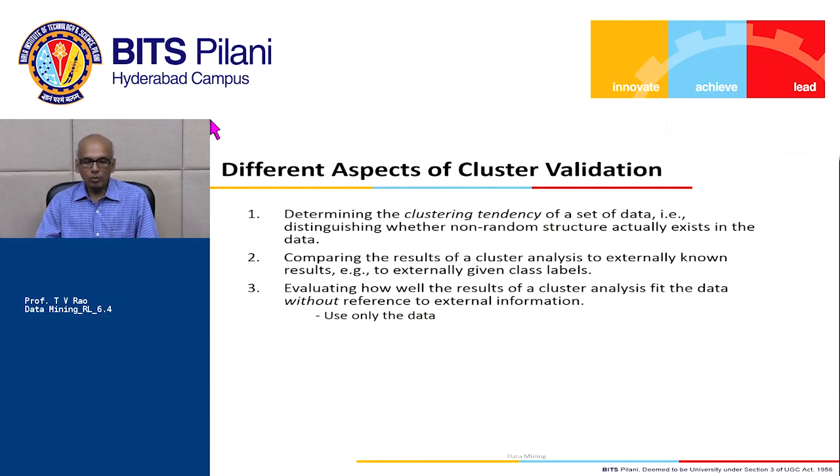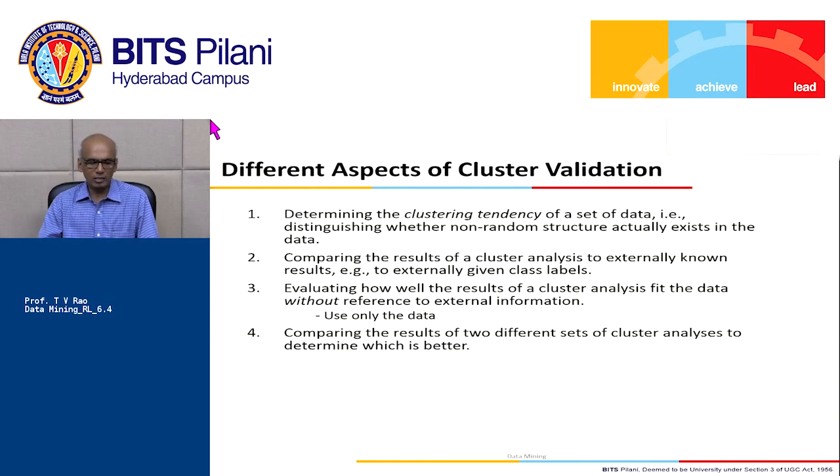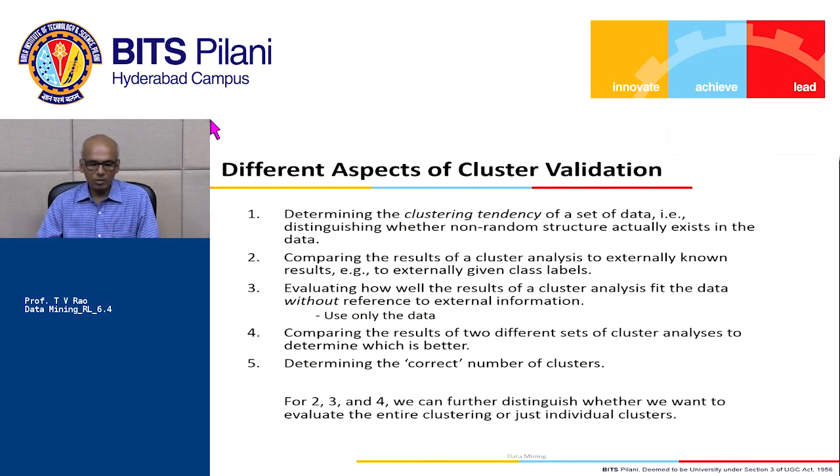And we may do the cluster validation without reference data, in which case we only use the data that we have used to do the cluster analysis. Then we may have two different sets of cluster analysis that have been performed, and we may want to compare them, and thereby find what represents the real natural number of clusters within the given data. As we can see here, 2, 3, 4, we may consider that for the entire clustering or for the individual clusters.